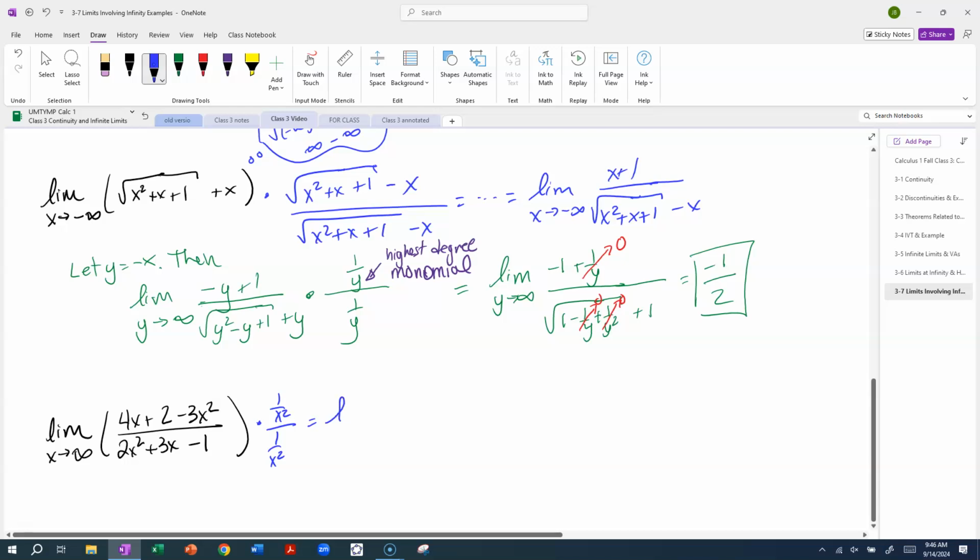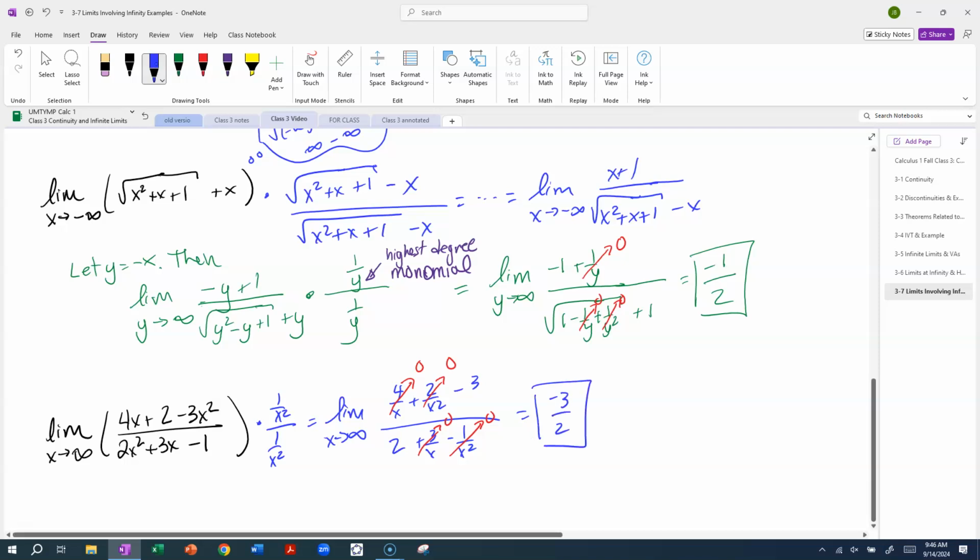And what I get is the limit as x approaches infinity of 4 over x plus 2 over x squared minus 3, all over 2 plus 3 over x minus 1 over x squared. And then lots of things go to 0. Okay, and I'm left with negative 3 over 2.